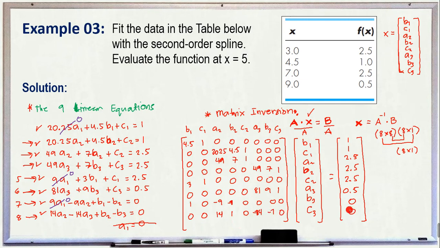So this is our matrix. This is our matrix A, matrix X, and then matrix B. To solve for the values of X, we need to find the inverse of A, then multiply it by B, to get the values of B1, C1, A2, B2, C2, A3, B3, C3.